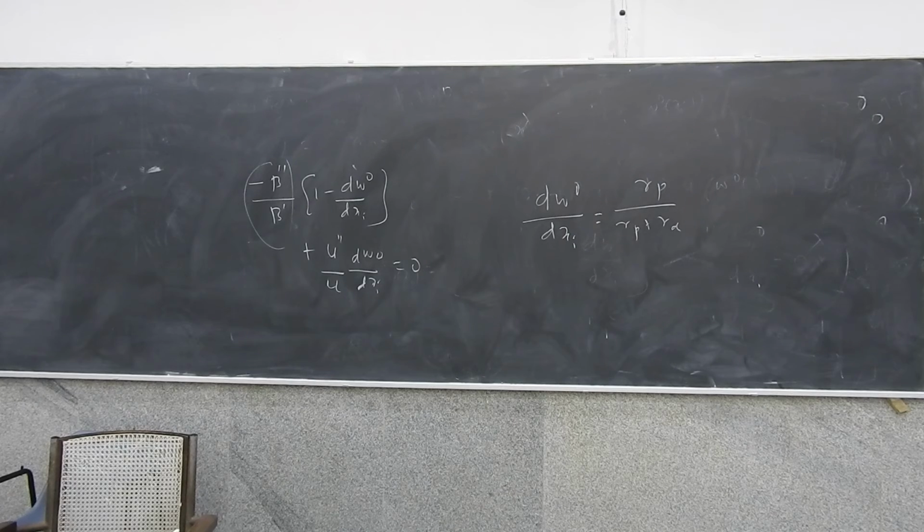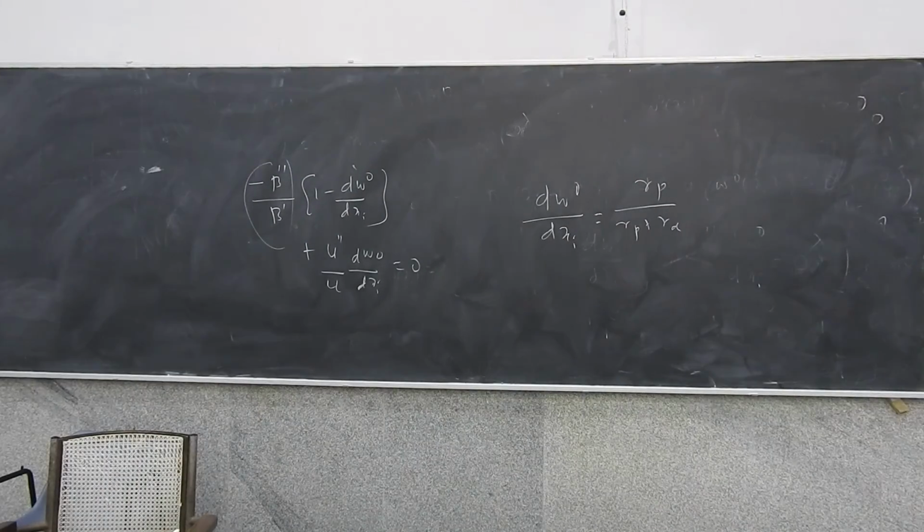So if my man sells more ballpoint pens, it tells me how much his wages should change with his sales in equilibrium. And it says that the ratio must be equal to RP upon RP plus RA.